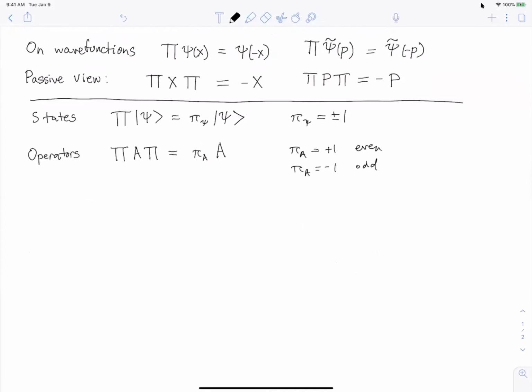Okay, now a special situation arises if the Hamiltonian is even. We've seen some examples already.